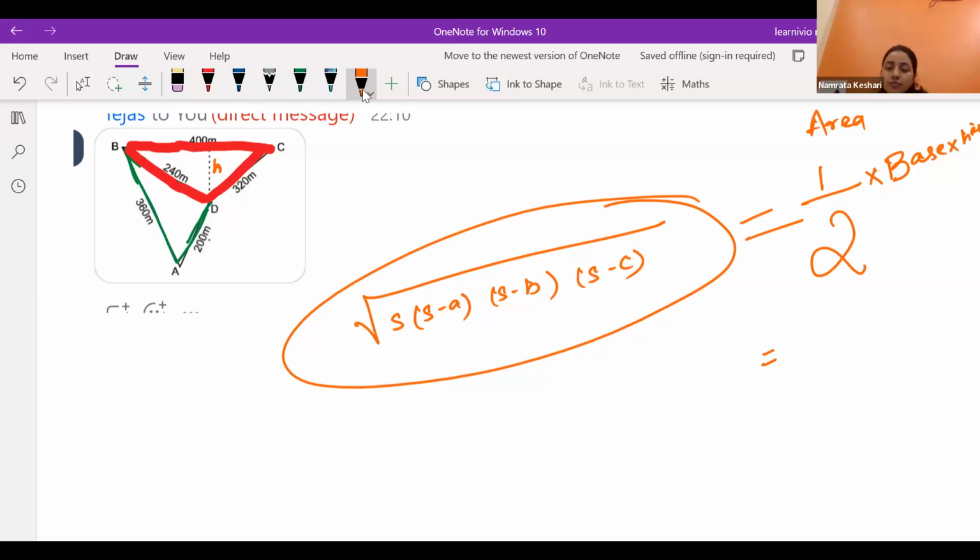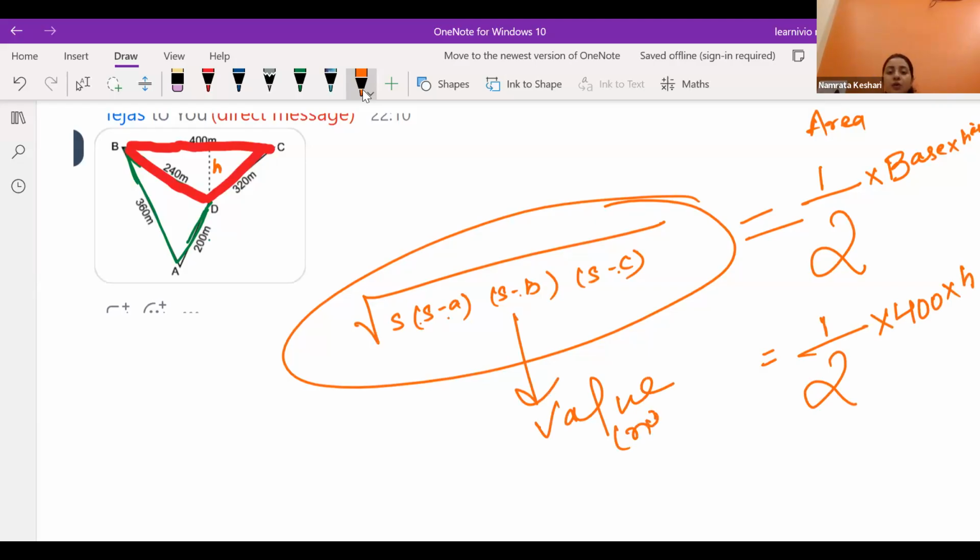Let me explain to other students: if we have to find the height over here, we can take the base as 400 and height as h. These are two different formulas, but they will give the same answer. Heron's formula gives you a number, maybe 300, maybe 400, maybe 585, any number.